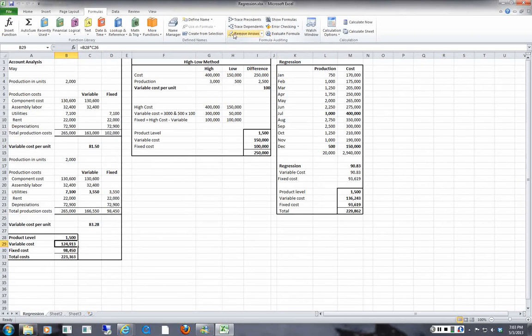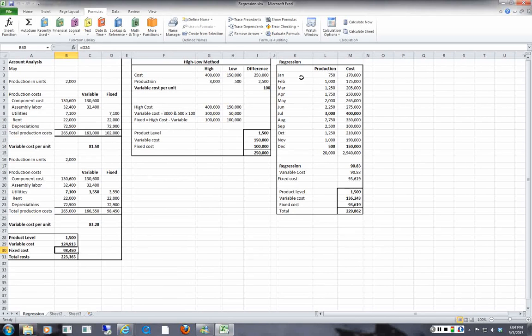And we put the fixed cost down there of $98,450, and we have a total cost of that production unit of $223,363. Now that's one method of coming up with the fixed and variable costs. It's reasonably accurate, but it could be better.